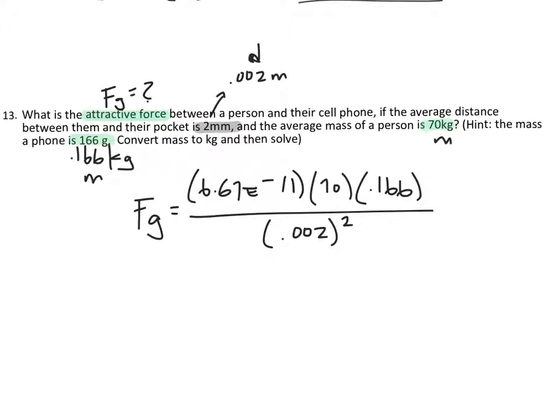Okay, and after I type all this into the calculator, I get a force of gravity between the two objects, the cell phone and the person, of 1.94 times 10 to the negative 4 newtons.